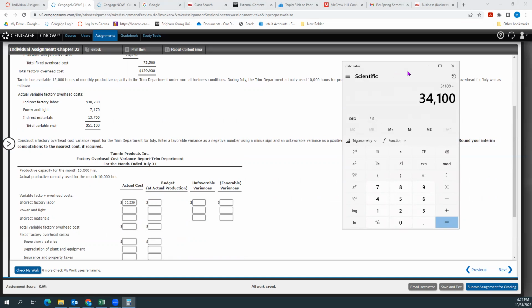So if I divide that by 15,000, that tells me how much I was budgeting per hour. And then we are going to multiply that by the actual production of 10,000 hours.